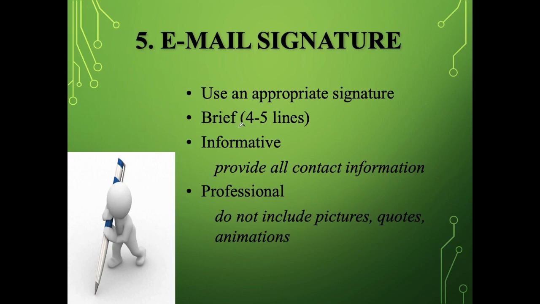Next we have the email signature. So use an appropriate signature. It should be brief, that means it should consist of 4 to 5 lines. It should be informative, that means it should provide all your contact information, ranging from your professional contact number and address, company logo, and it should contain your designation right after your name.